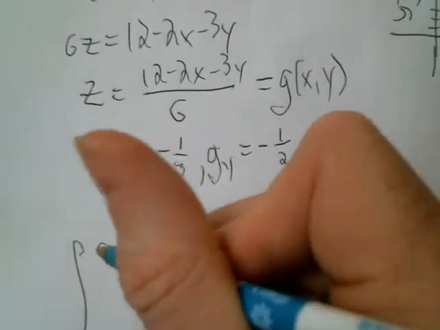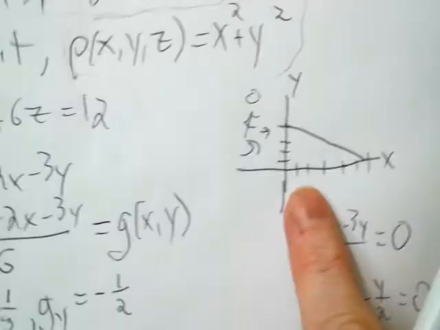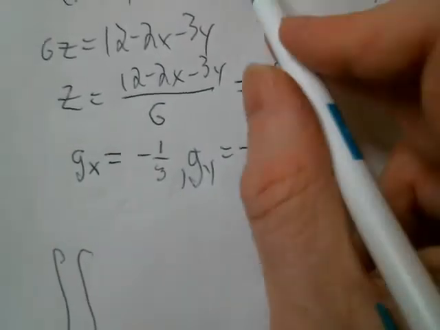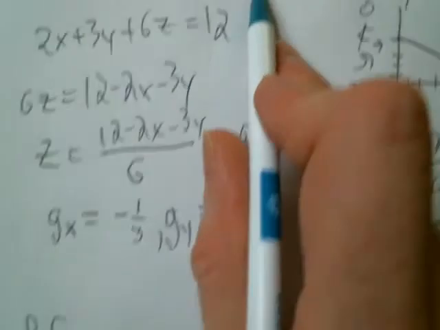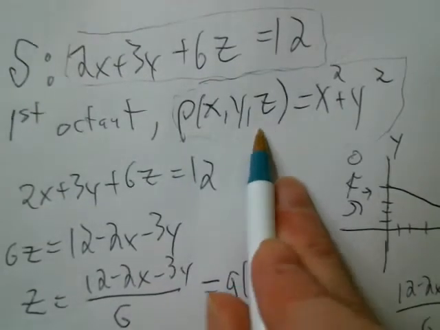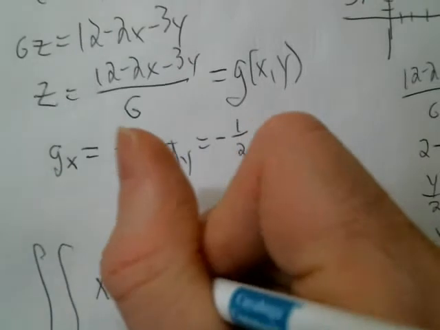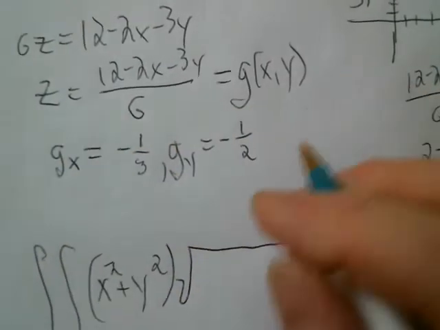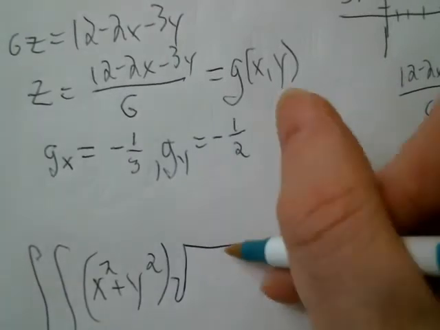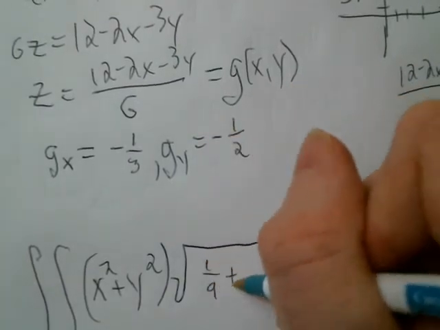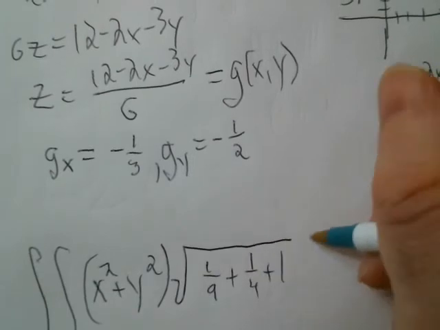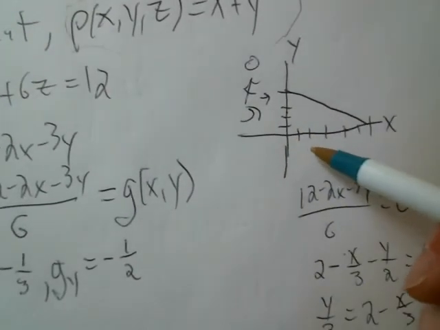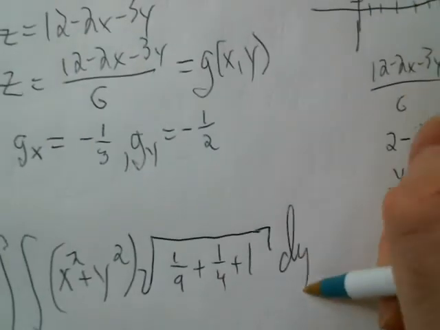So I have the double integral over this region of my f of x, y, z function, which is this density function. So I just plug that in, x squared plus y squared, and then times the square root of these guys squared plus 1, so 1/9 plus 1/4 plus 1. And then I'll go in the orientation dy dx.